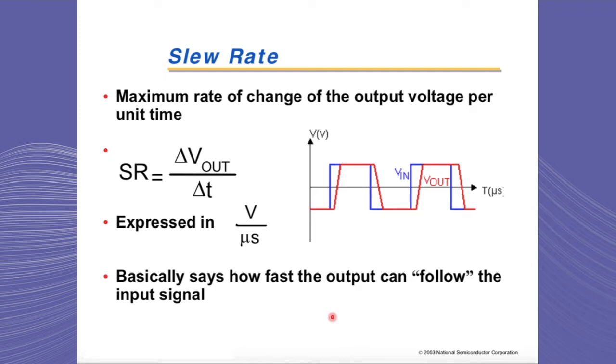In the graph, you can see that the output signal is slewing. The blue signal is applied to the input of the amplifier, and the red signal, the output, is trying to follow the input as fast as it can, but it slews at the rising edge and the falling edge.